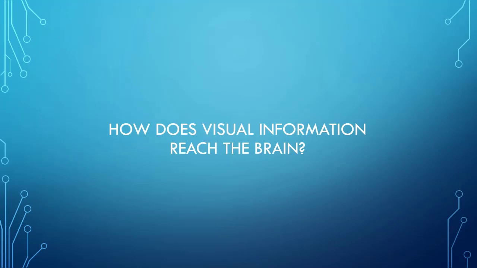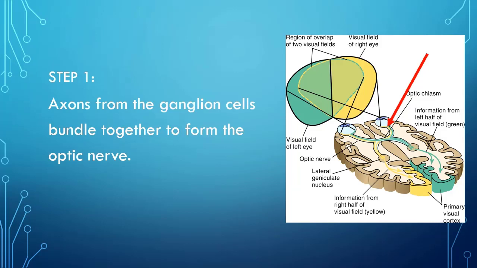As a bit of a recap, let's just remind everyone, just to prime you for what we're going to be talking about, how visual information reaches the brain. So first, we have the optic nerve coming from the retina, and these form the bundle at the back of the eye. And we have information coming from the left and the right visual fields.